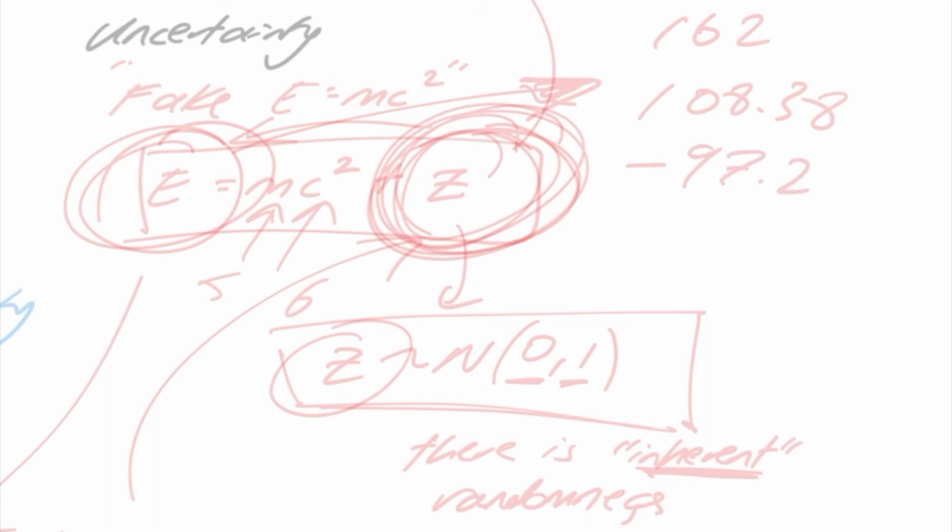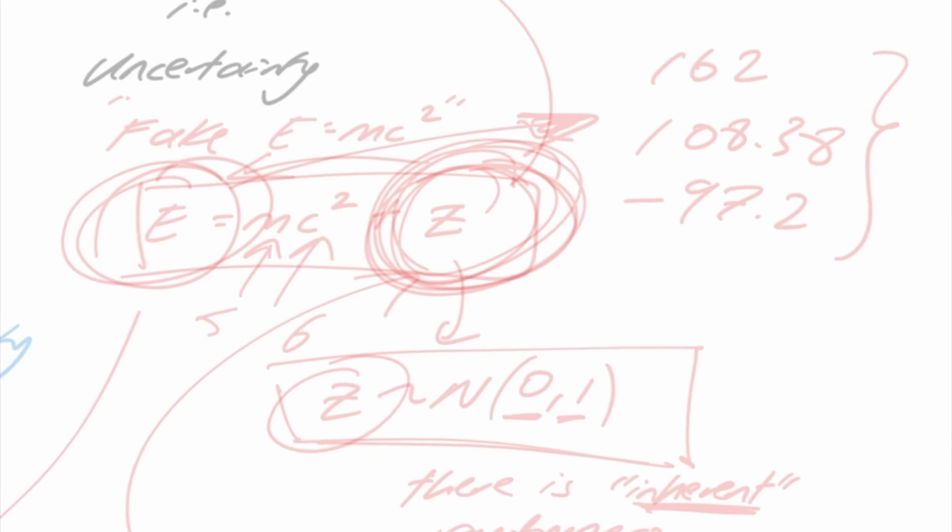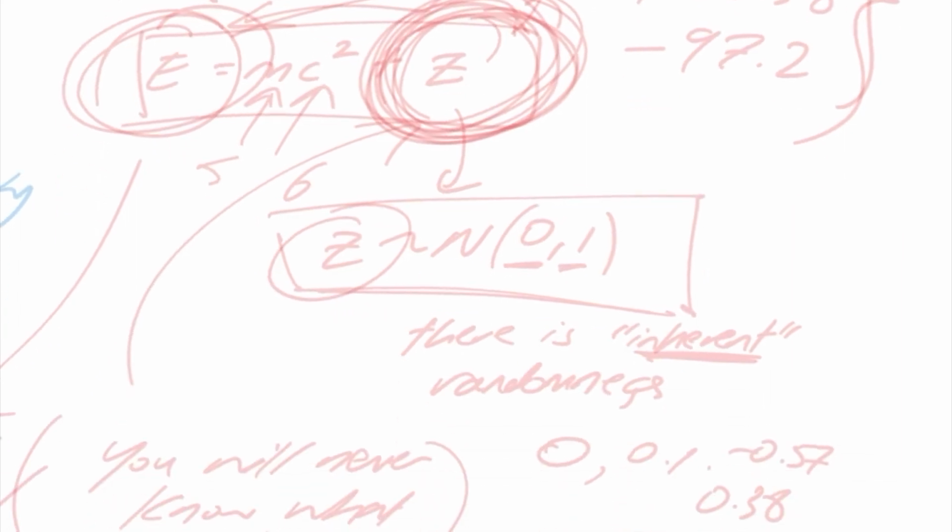I haven't checked these numbers, obviously, but it's still possible that these numbers exist. As opposed to back here, E can only ever be one number. But here, E can be a wide range of numbers, depending on what Z is, depending on this inherent randomness.